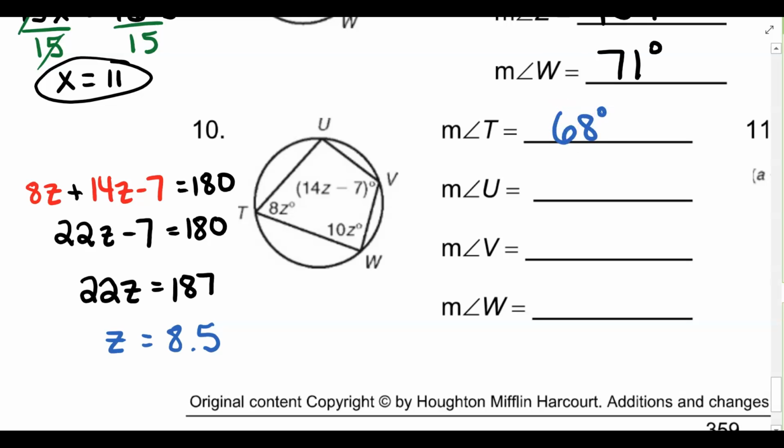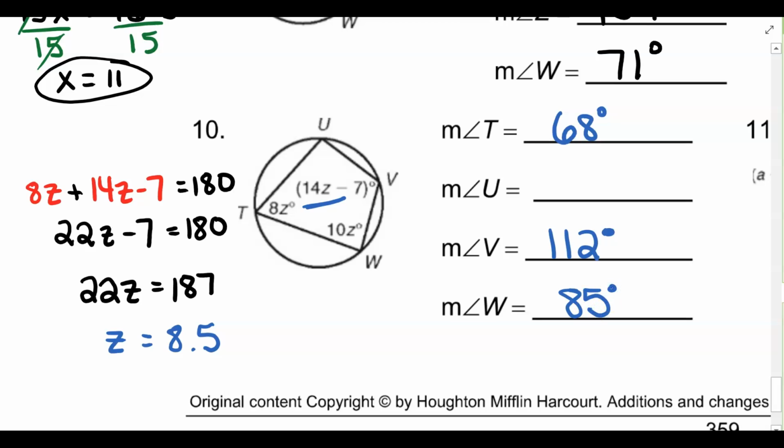Angle V, I have 14 times 8.5 minus 7. That gives me 112 degrees, which works out because that is supplementary with angle T. Angle W is 10 times 8.5, so that gets me an angle of 85 degrees.